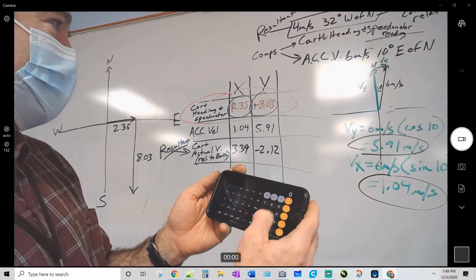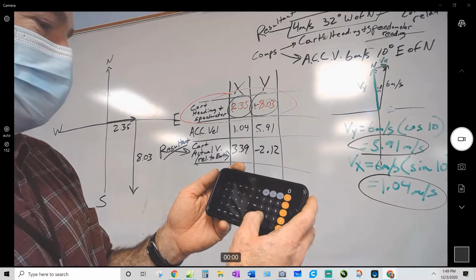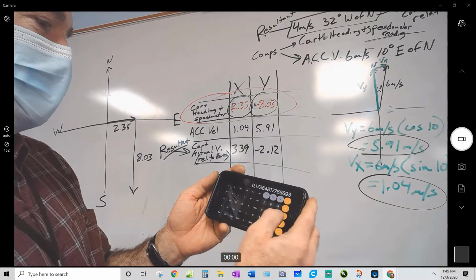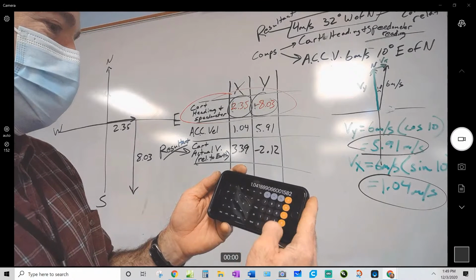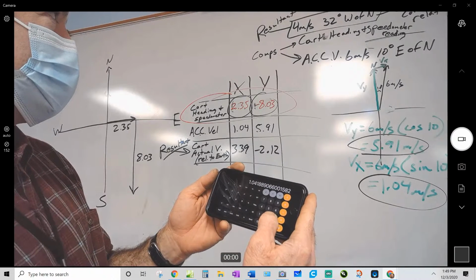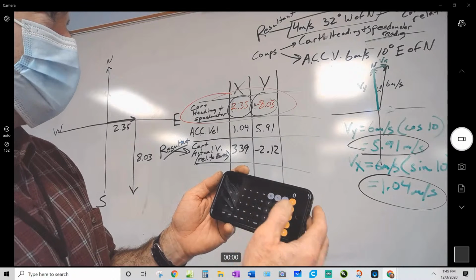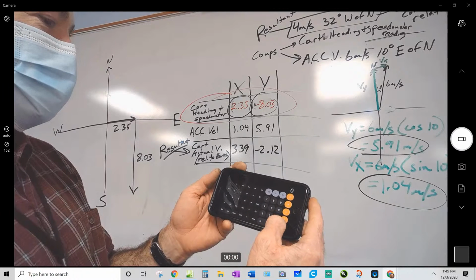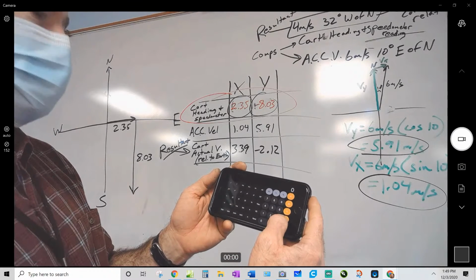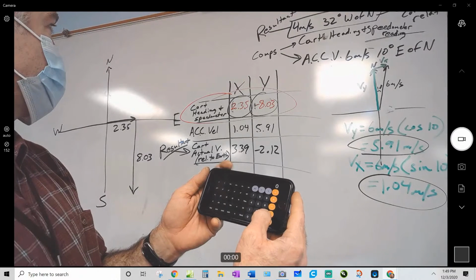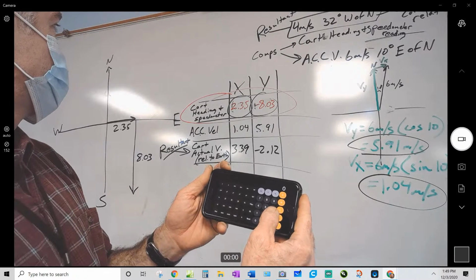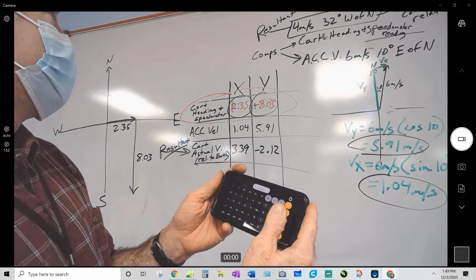That's good. And 10 sine times 6, 1.04. Maybe I just did use different numbers before. So it might be how you put it in the table with the x and y. Let me check.